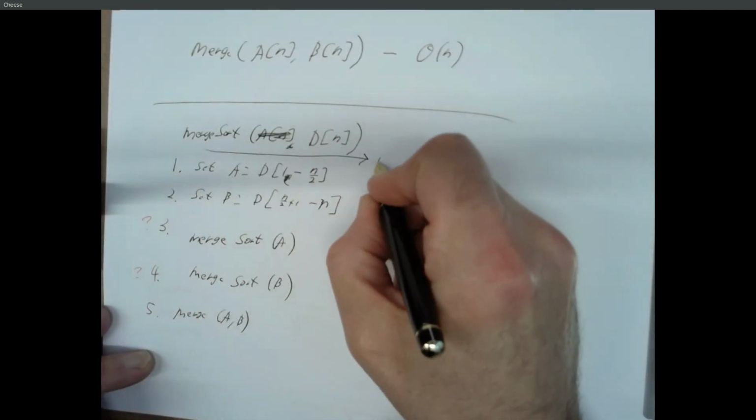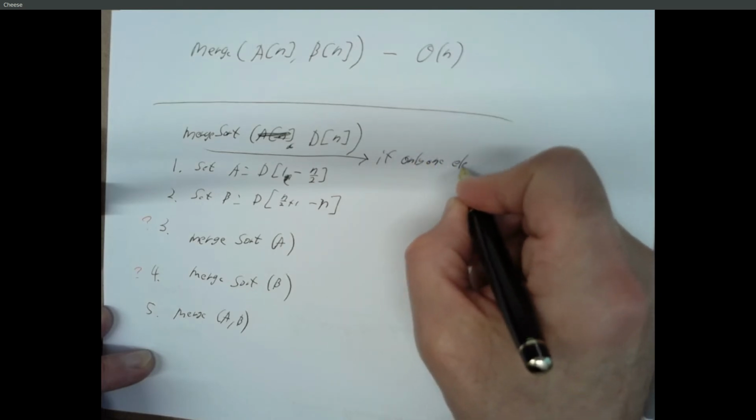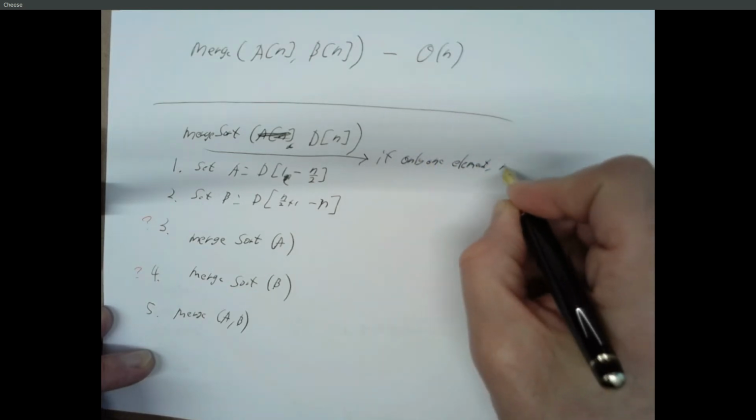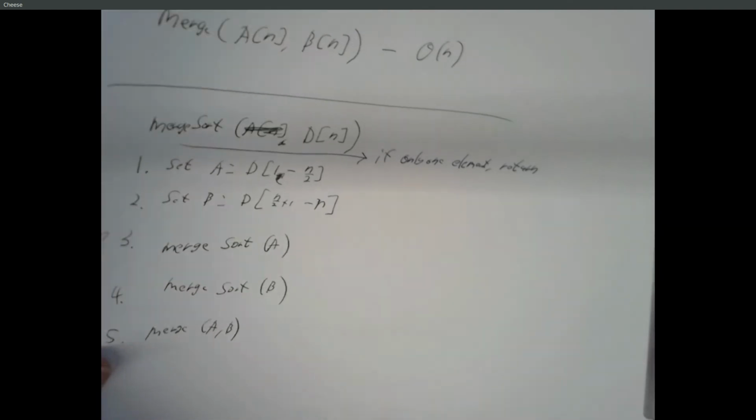So my base case is if there's only one element, I'm just going to return, because there's nothing to sort. So that will end the recursion. All right, got the basic plan.